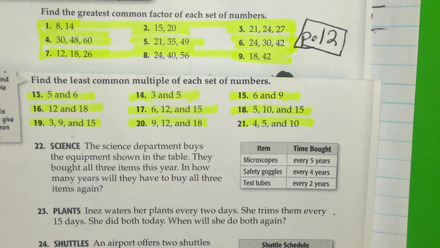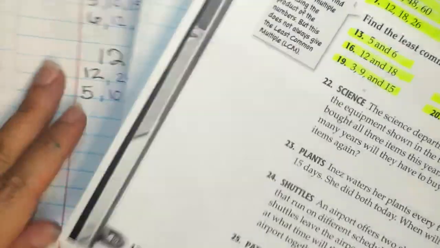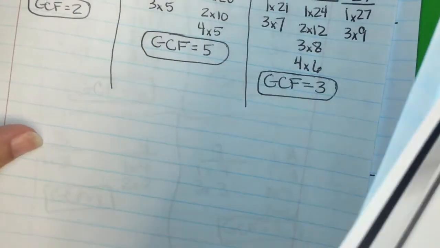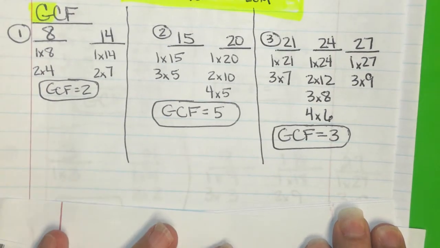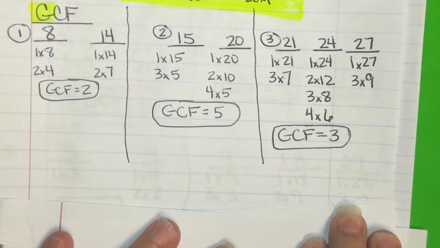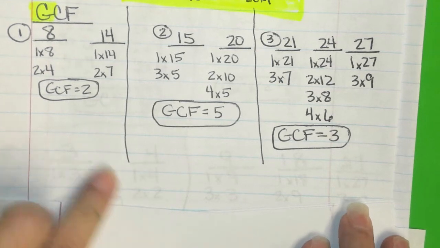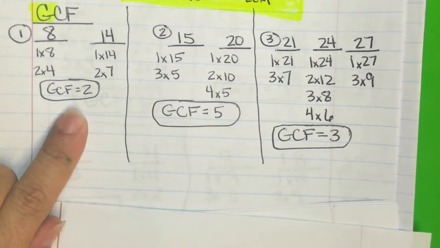So, they have been working on 1, 2, and 3. What I'm going to do is show the answers for 1, 2, and 3 so they can kind of check and see if they're getting them correct. There is greatest common factor 1, 2, and 3.